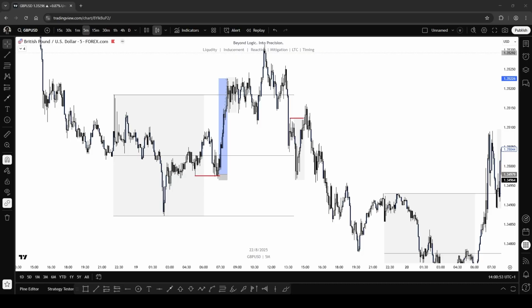Well, yes. So you're going to stick to those pairs that are going to move well in your timings, right? Like you can trade the Asia session. There's no harm in trading the Asia session. It's a really good session. You can also trade the late New York session. I think they call it the New York PM session, and it's really good. The indices move really well in the New York PM session.